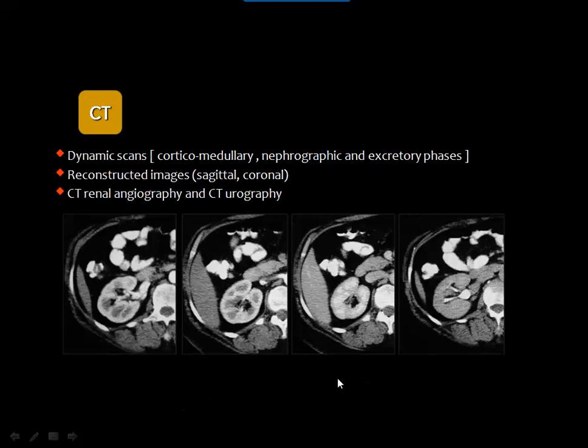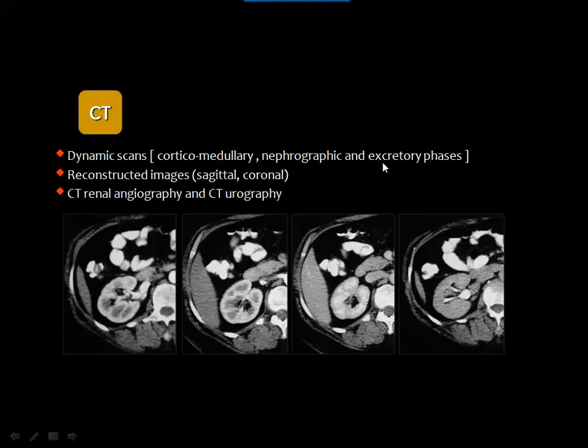And you inject contrast media, then you get what is known as the corticomedullary phase, showing the cortex differentiated from the medulla. Then you get to the nephrographic phase, where the kidney, the medulla, and the cortex are not differentiated because they are stained by the excreted contrast.